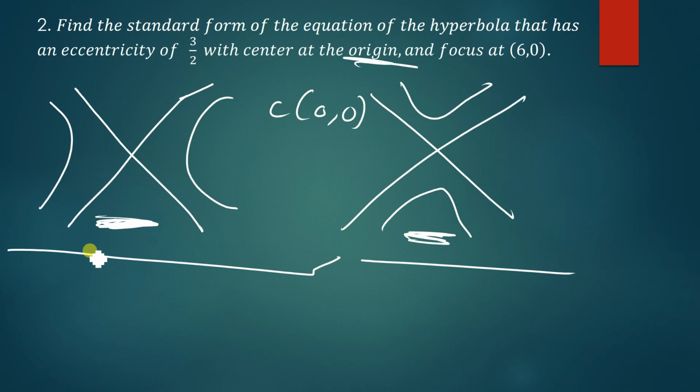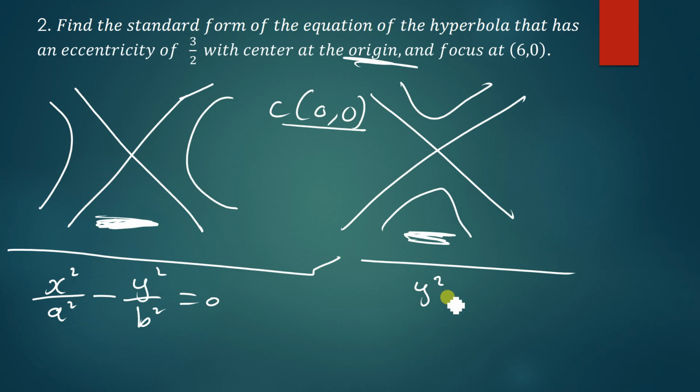When the center is 0,0, for this one it's x squared over a squared minus y squared over b squared is equal to 1. For this one it's y squared over a squared minus x squared over b squared is equal to 1.